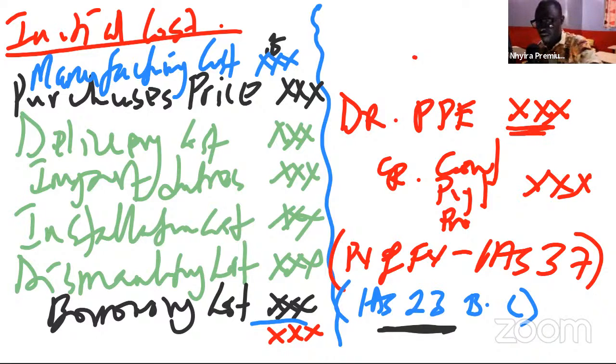Cash. You can credit payables. You can also credit provisions, depending on what is going on there. You credit cash when you have already made a payment. So you finish with the payment and then you credit cash. Or if the amount is outstanding, then you have to credit payables. That is a liability. Or better still, if you did provisions like IAS 37, the dismantling cost, then you have to credit provisions and do the unwinding. I hope you get the idea. So that is the initial double entry.